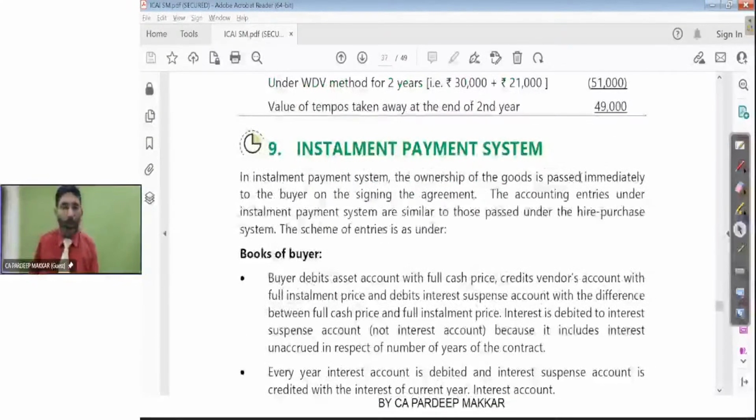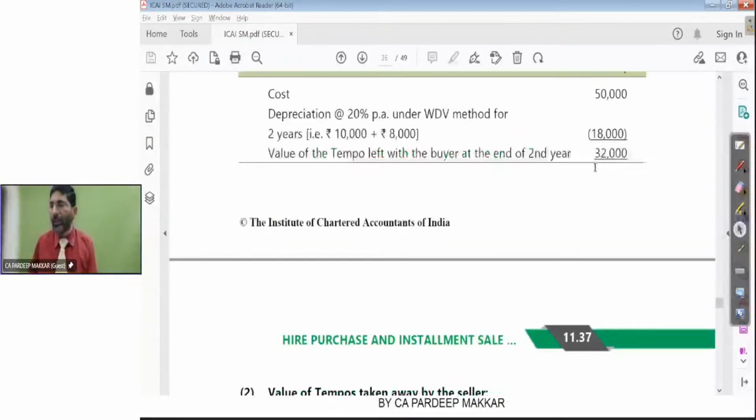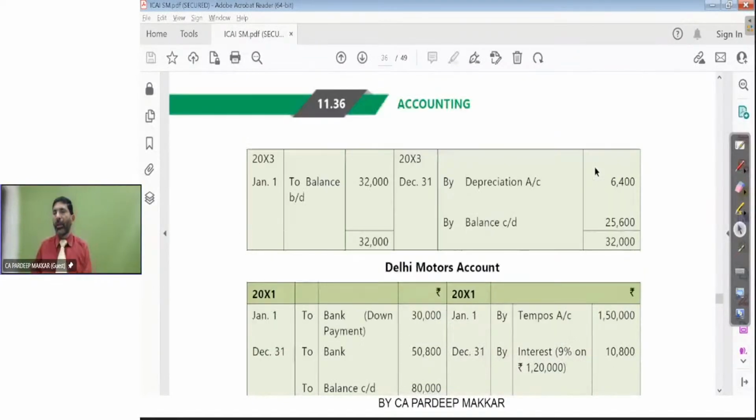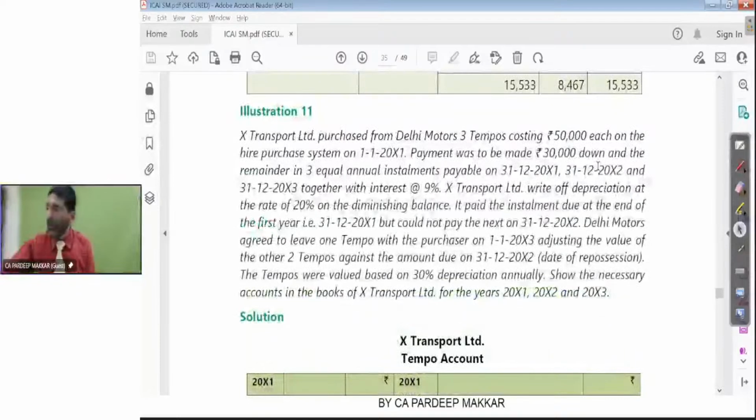Yeah. One more thing which we have to discuss is regarding the installment system interest suspense method. In the interest suspense method, there is only a minor difference.